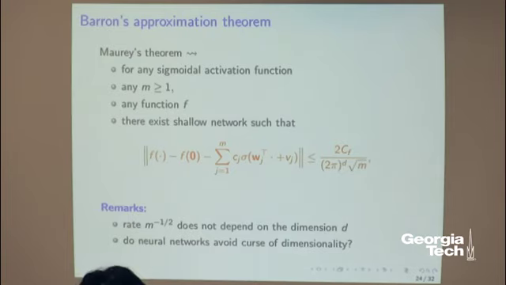And then people have been wondering whether this is an instance where you're better than the curse of dimensionality, because you don't have this d in here. That's the interesting observation, I think.